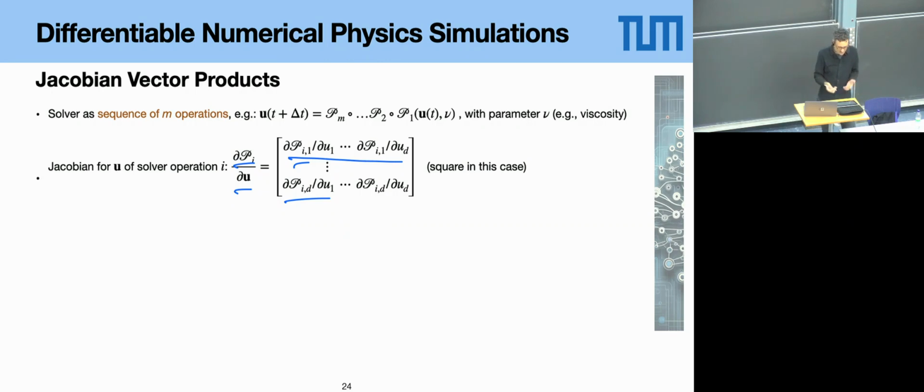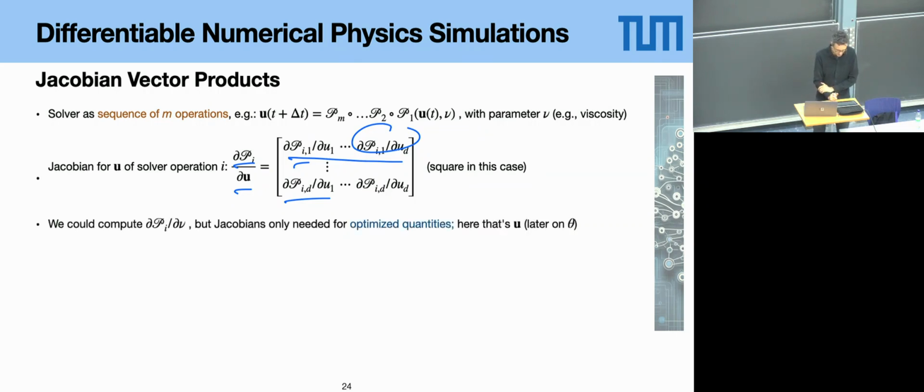In this form, it looks a bit unwieldy, but in the end these are all just first derivatives. So if you go through the equations, all you need to do for each of these is compute one derivative, but you need to treat each of those components separately. Now, just to have it on the slide, we could of course also compute the derivative of our P with respect to nu, this viscosity.